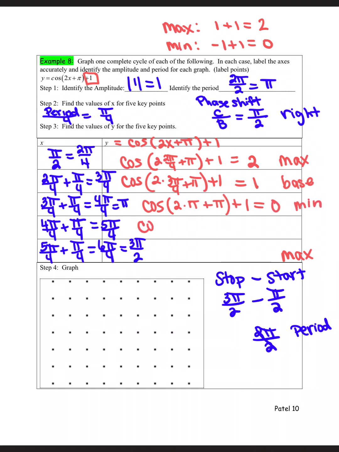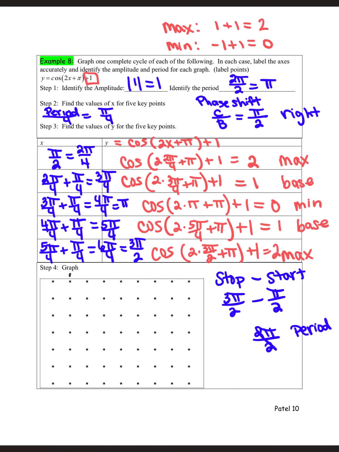Then we have cosine of 2 times 5 pi over 4 plus pi, plus 1. That gives me back my base, which is 1. And my last point is cosine of 2 times 3 pi over 2 plus pi, plus 1. That will give me my max, which is 2.